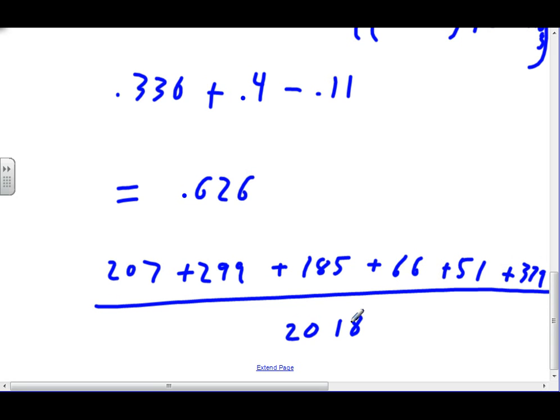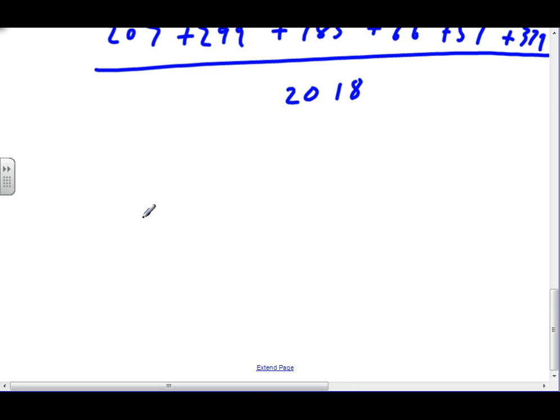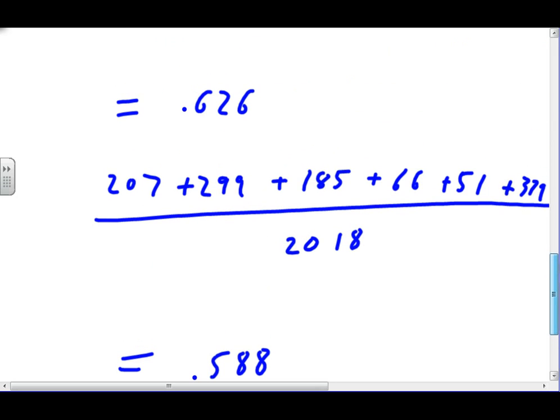It's only easier if I get the same number. 207 plus 299 plus 185 plus 66 plus 51 plus 379 divided by 2018. Now, assuming I didn't fat finger a key, I get a different answer. And I get a 0.588 answer. So now the issue is, did I do that right?